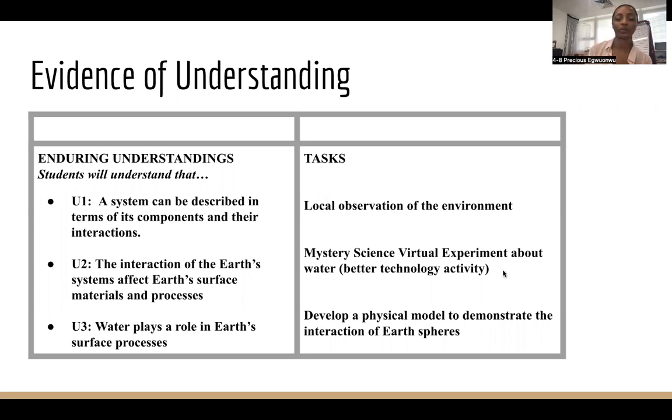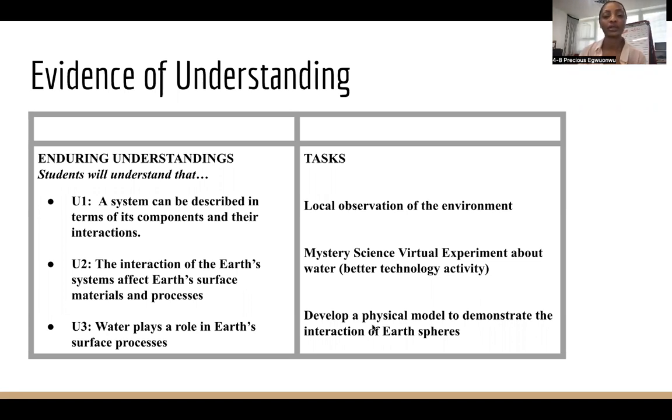So this is one activity I would change and make sure that it applies to the understanding and it shows proper evidence. And the other one, this is developing a physical model to demonstrate the interaction of Earth spheres.